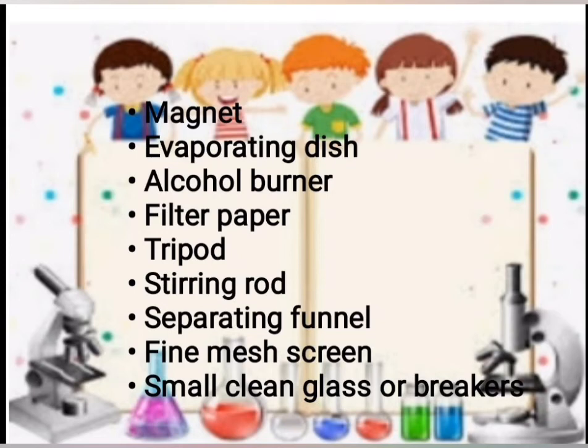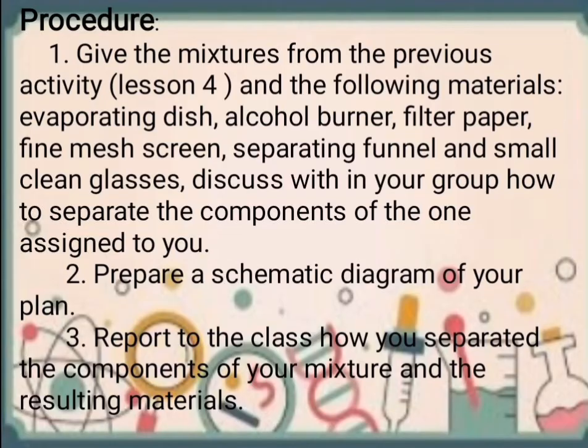The materials: magnet, evaporating dish, alcohol burner, filter paper, tripod or improvised tripod can, stirring rod, separating funnel, fine mesh screen, and small clean glasses or beakers. Procedure: get the mixture from the previous activity in lesson 4 of module 1 and the following materials: evaporating dish, alcohol burner, filter paper, fine mesh screen, separating funnel, and small clean glasses.